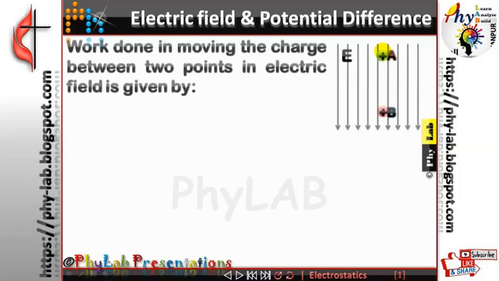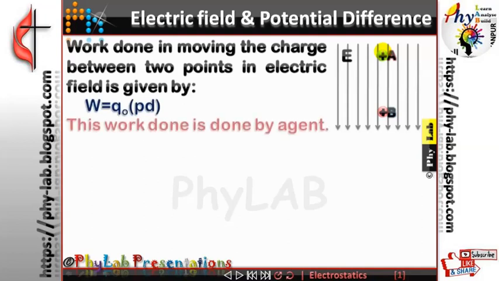Now, as I just told you, work done is equal to Q naught times PD, and if the charge magnitude was Q naught, then the work done by the agent would eventually be Q naught times PD. And in doing this, the agent has moved the charge through a displacement of delta x.